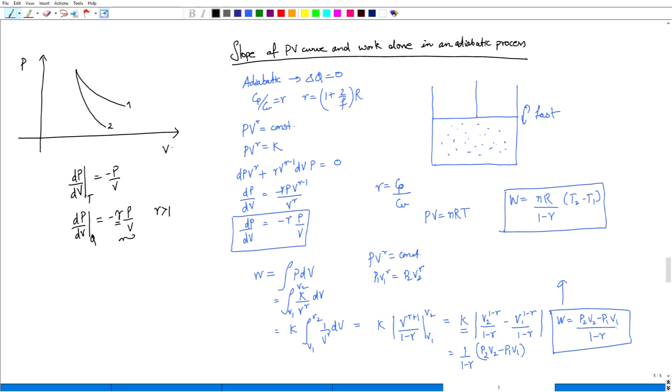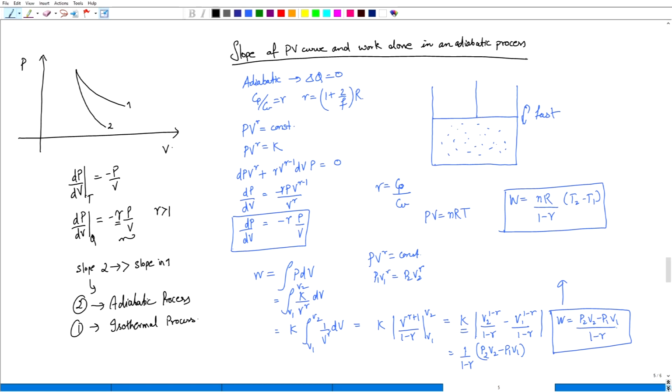Hence we can say that the slope in process 2 should be greater than the slope in process 1, and therefore the second process is adiabatic process and the first one is isothermal process.